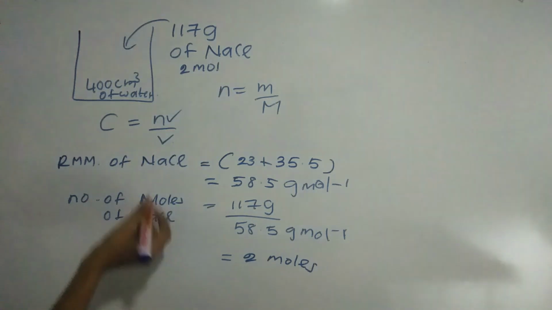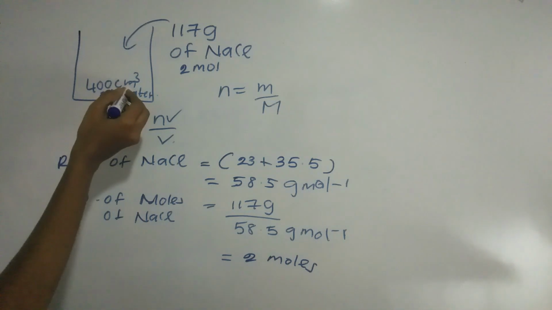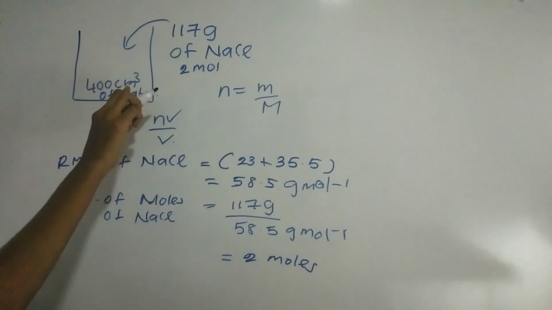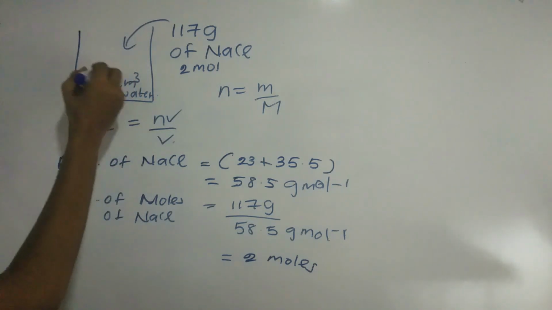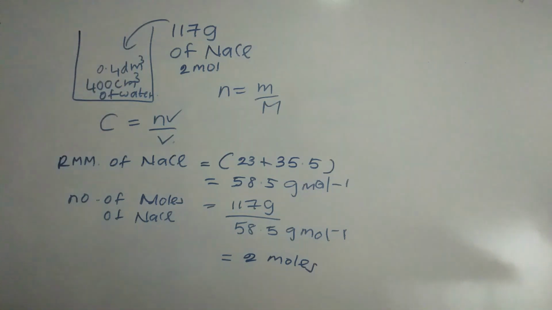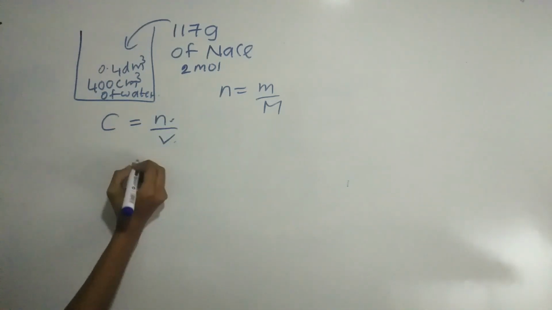Now this volume, we have to convert this 400 cubic centimeters into decimeter cube. To convert this we are going to divide by 1000. Then we will get 0.4 decimeter cube. Now I am going to apply the equation.